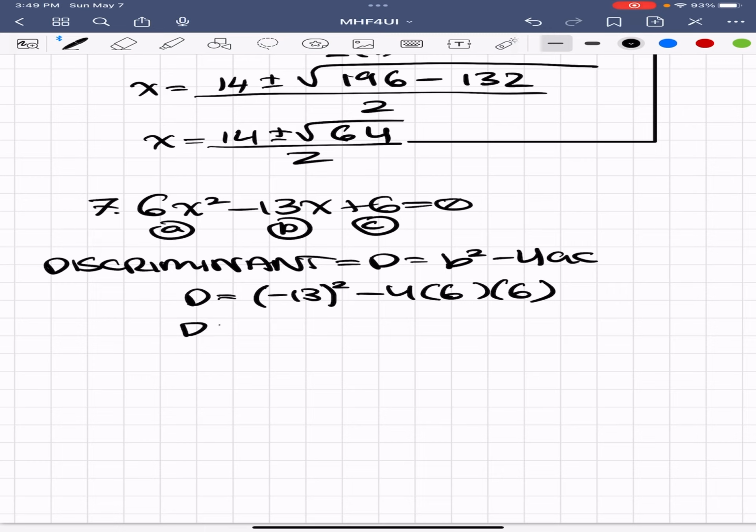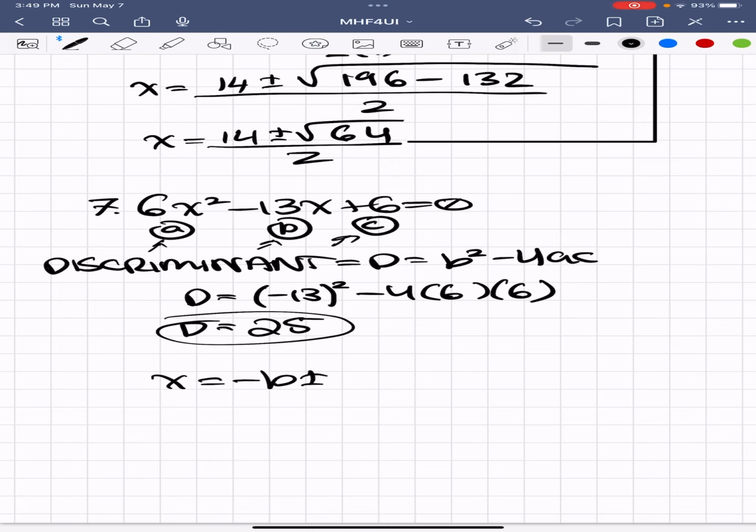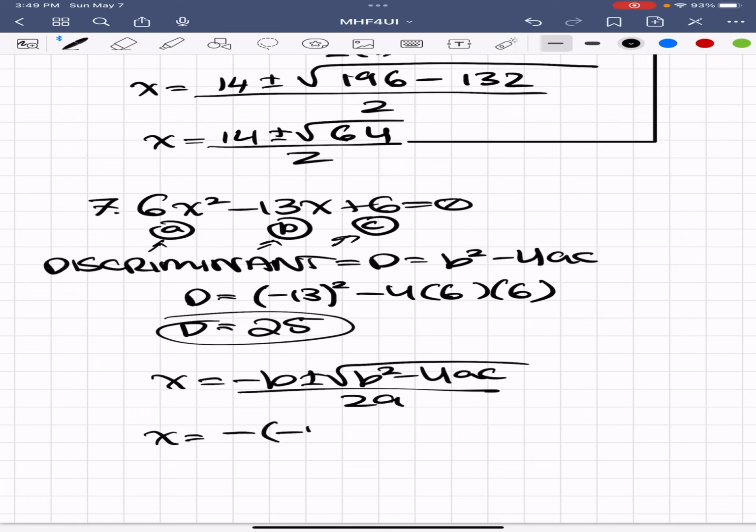Okay, so we're just going to plug this into our calculator, and you should get the answer of 25. And then we're going to sub the discriminant and our a, b, and c into our quadratic formula. x equals negative b plus or minus the square root of b squared minus 4ac over 2a. So it's going to be negative 13 plus or minus the square root of 25 all over 12.